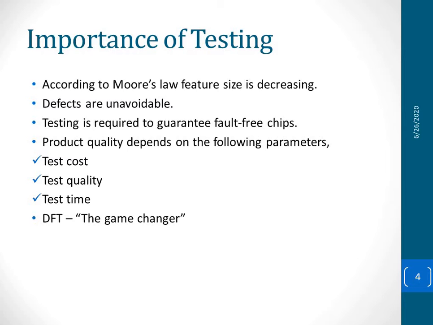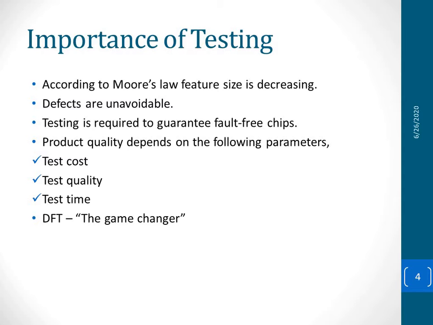In order to ensure that the chip we are manufacturing as a product is fault free, we should consider some quality parameters. Product quality depends on some parameters: test cost, test quality, and test time.